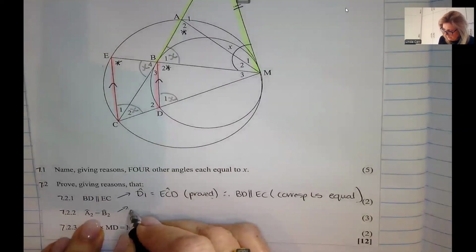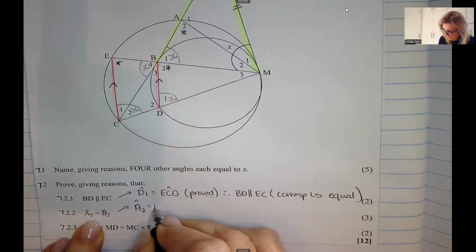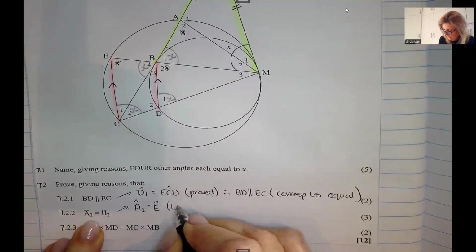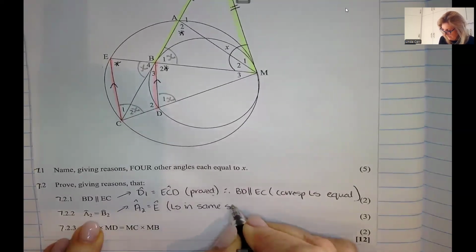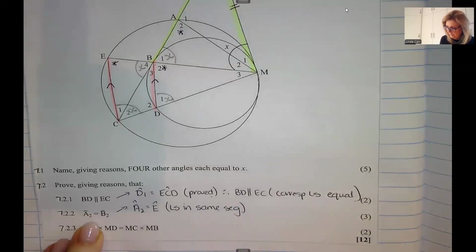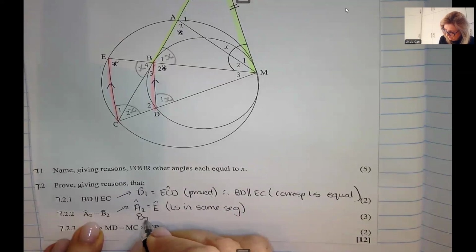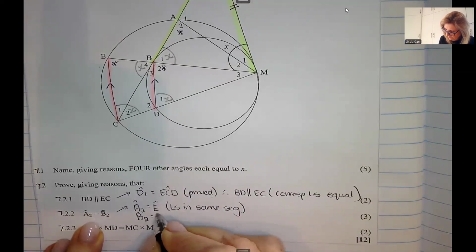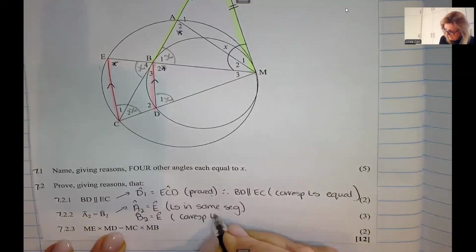Okay, so starting with A2 is equal to E because of angles in same segment. But then we said that B2 is also equal to E because of corresponding angles.